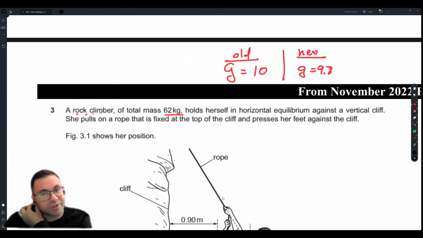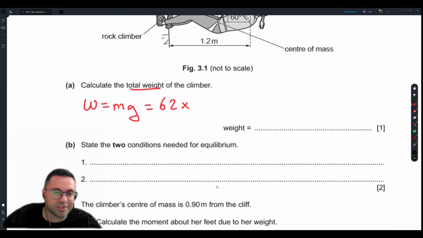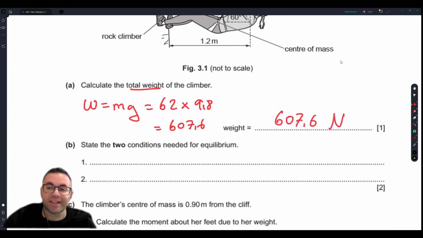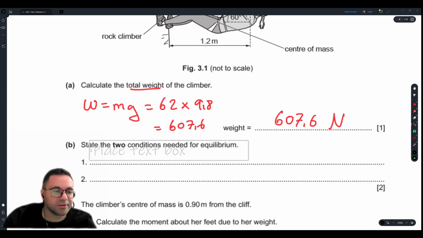I'm going to use 9.8 just to get you used to the same thing. So 9.8 times 62, this gives me 607.6. Okay, newtons. Cool.